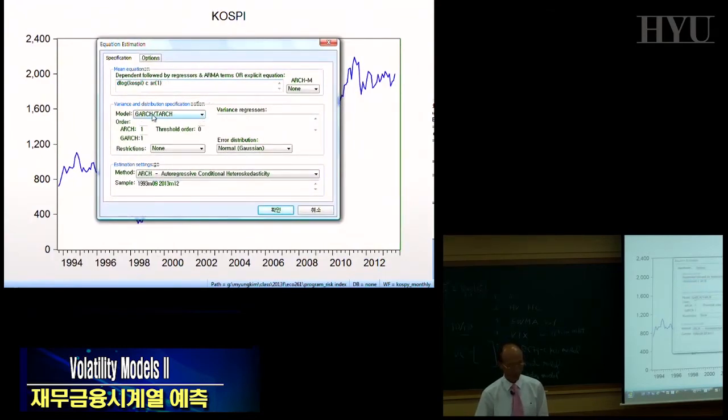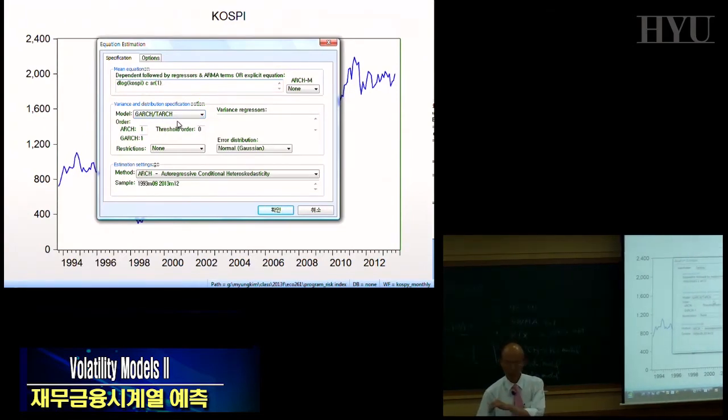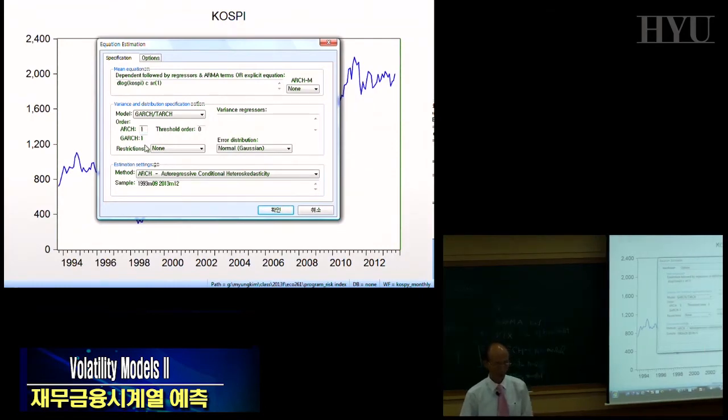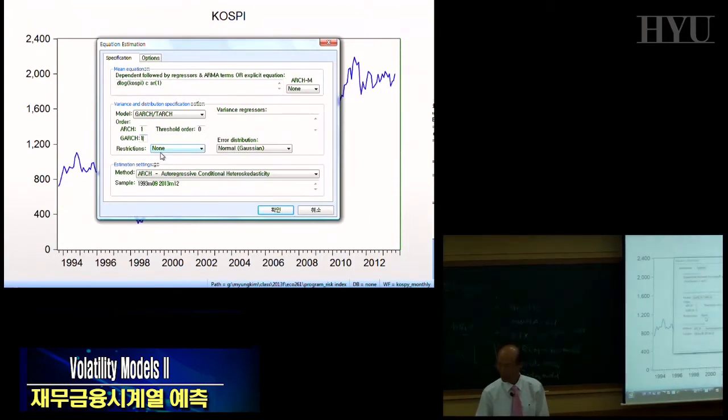And then it says model is ARCH. This one, TARCH, means threshold autoregressive model, something else, so don't worry about it. Here, ARCH is setting up lag P, the ARCH effect, the original part. And this one is the lagged conditional variance part. So Q. Okay. So P, Q.